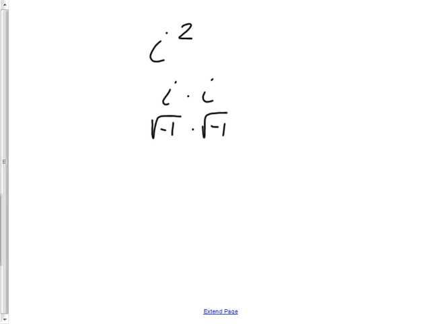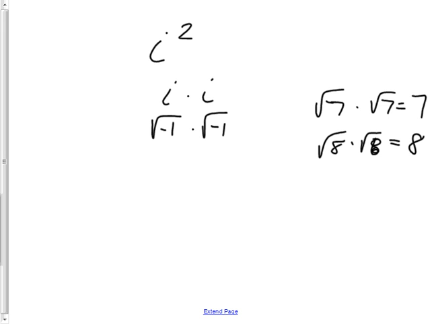Do you agree with that? Do you know what happens when you take any two square roots and you multiply them together? Let me give you an example. Square root of 7 times square root of 7 is the square root of 49, which is 7. And square root of 8 times the square root of 8 is the square root of 64, which is 8. You get the pattern here? So what's i squared equal to?